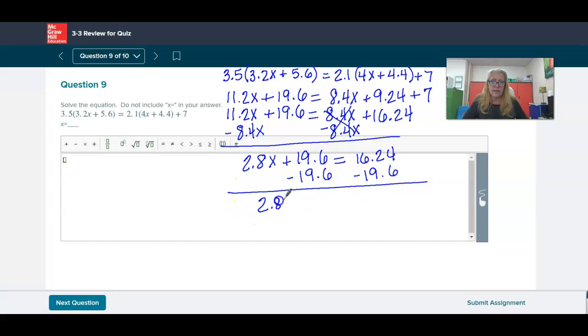So I have 2.8x on the left, and I've got 16.24 minus 19.6, which gives me negative 3.36. Then, my last step, I divide both sides by 2.8. Negative 3.36 divided by 2.8 equals, oh goody, this one doesn't need rounding. x is equal to negative 1.2. I don't know why that one turned out so weird. Negative 1.2. Okay.